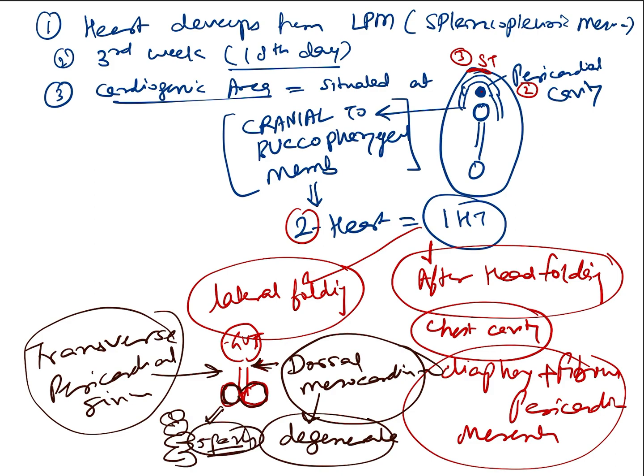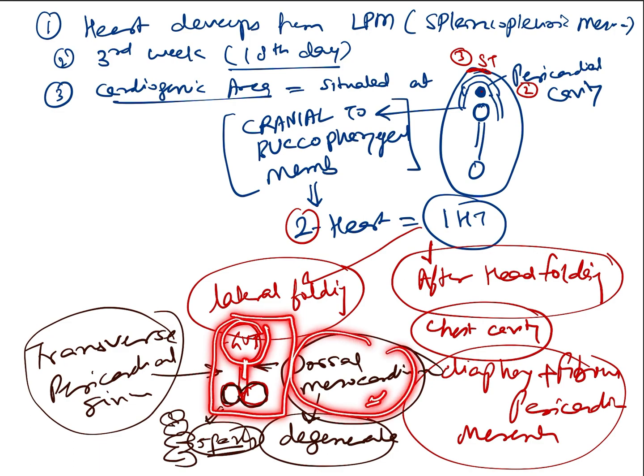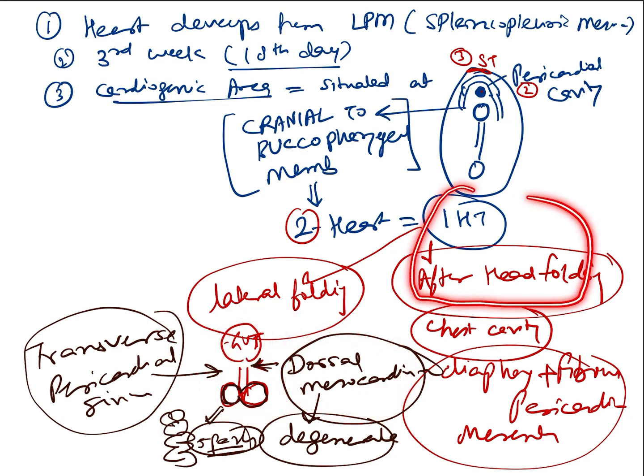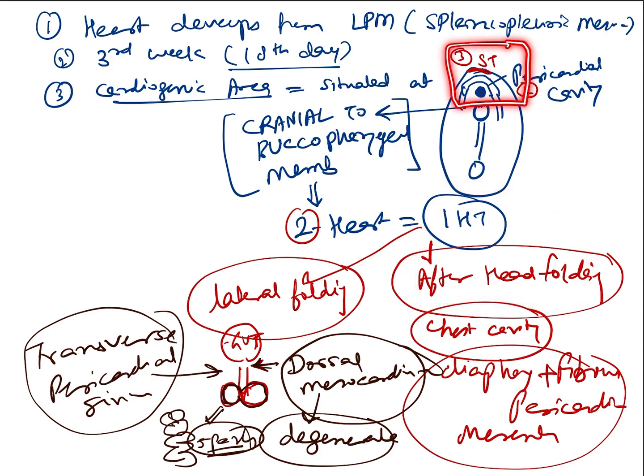We are going to discuss this in the next slide, but right now please be familiar with lateral plate mesoderm, 18th day, the cardiogenic area which is situated cranial to the buccopharyngeal membrane, and lateral folding results in formation of one heart tube, posterior to which the gut is situated and gets attached to the dorsal mesocardium. And because of head folding, this cranial most part comes into the chest cavity.